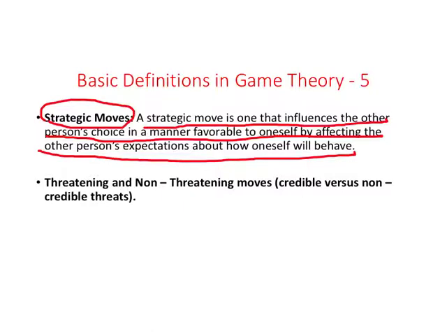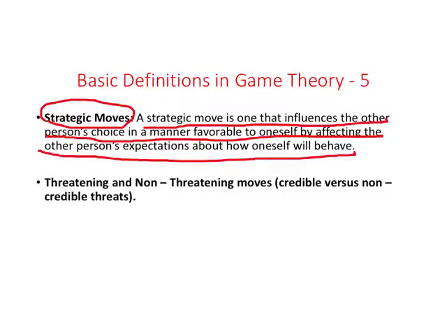And again, if this person continues to talk, what I do is I simply drop him from the class roster. So here what I have been doing is I've been undertaking strategic moves, hoping that the person will change his or her behavior in a way that is favorable to myself.